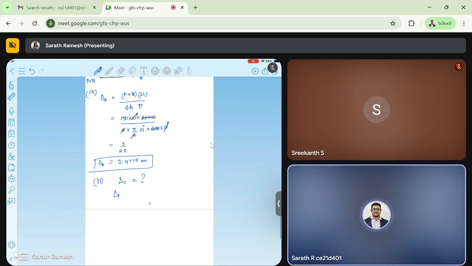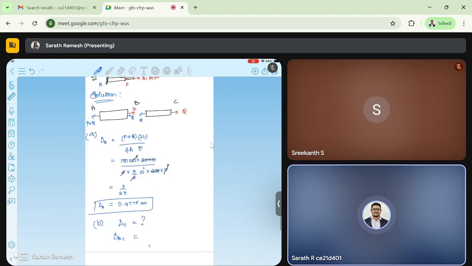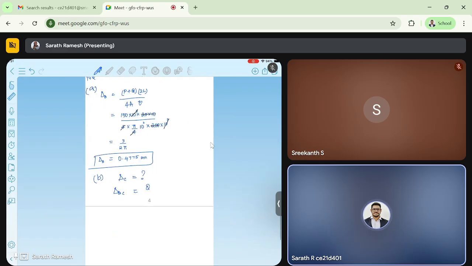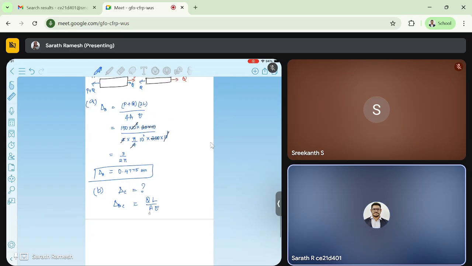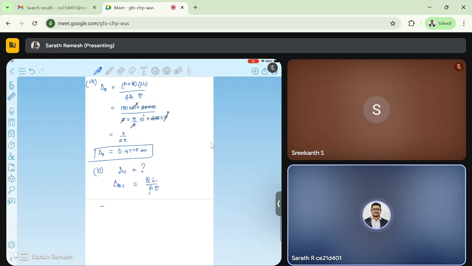BC is subjected to a load Q, so delta BC will be QL by AE, which is nothing but delta C minus delta B equal to QL by AE. Now delta C is equal to delta B plus QL by AE, right?